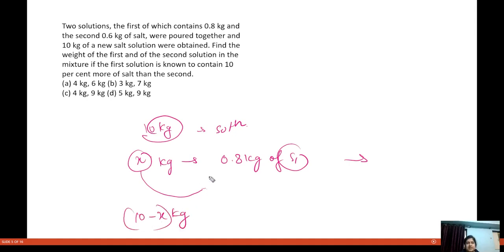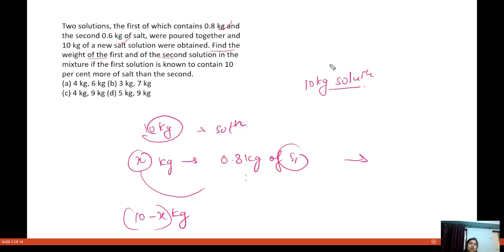It says two solutions, the first with 0.8 and the second with 0.6 kg of salt, were poured together and 10 kg of a new salt solution was obtained. So we mixed both of these and got a 10 kg solution.